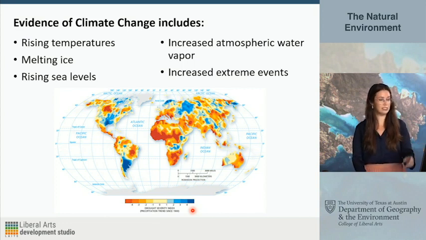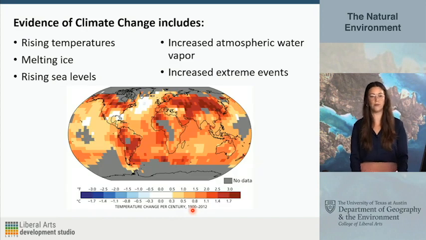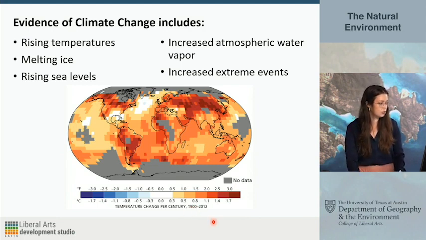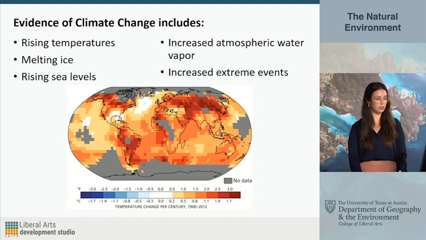So here you can see the spatial variation in drought impacts, and then I also wanted to pull up the spatial variation in temperatures. You can see that some areas are seeing much higher temperatures. This one is from 1900 to 2012. Some areas, Siberia especially, some of these northern latitudes, but also a lot of South America, are seeing much higher temperatures than they used to 112 years previous to 2012.